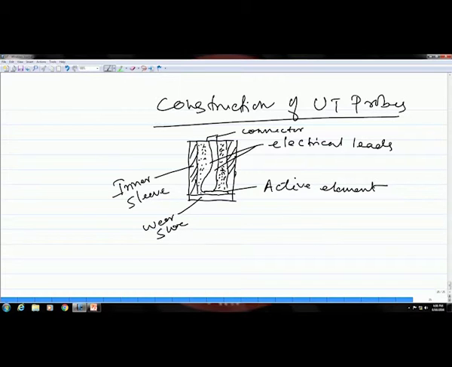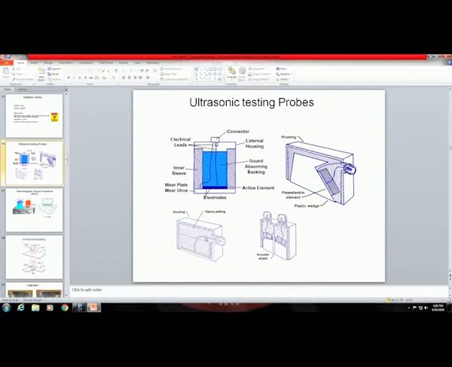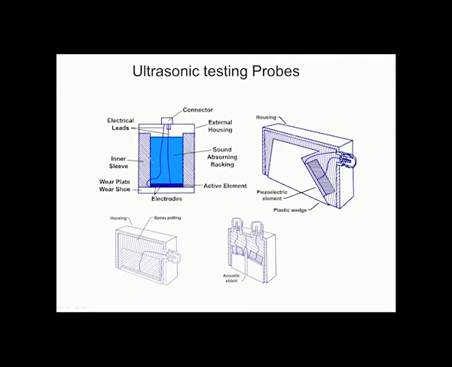Okay. So, this is a schematic. Let me show you how they look. So, this is what they look like if you see these diagrams. This is the one that we have just now drawn. So, you can see the similar parts. The main component, of course, is the active element, which is now housed inside a casing like this.